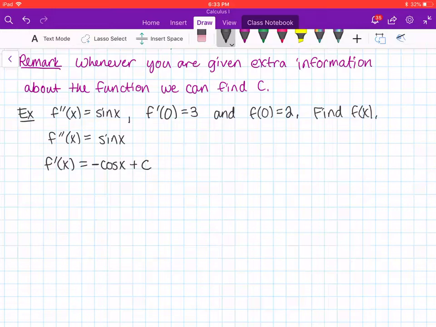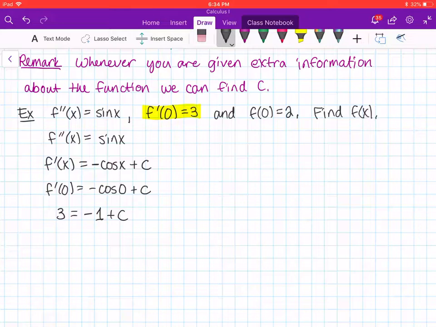Now we can actually figure out what c is here, because we're given this extra information that when we substitute in 0 into the derivative, we get 3. So let's do that now. We got f prime of 0 equals negative cosine of 0 plus c. And on the other hand, we know that f prime of 0 is 3, and cosine of 0 is 1.